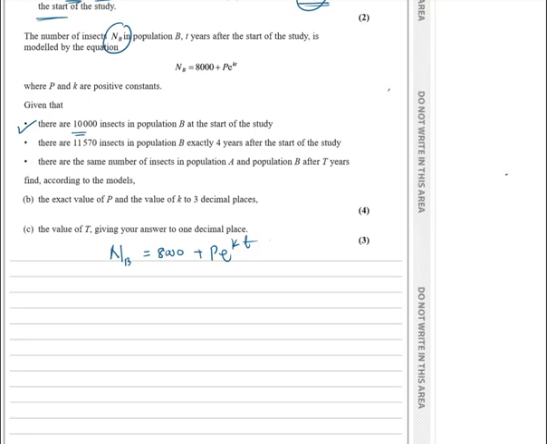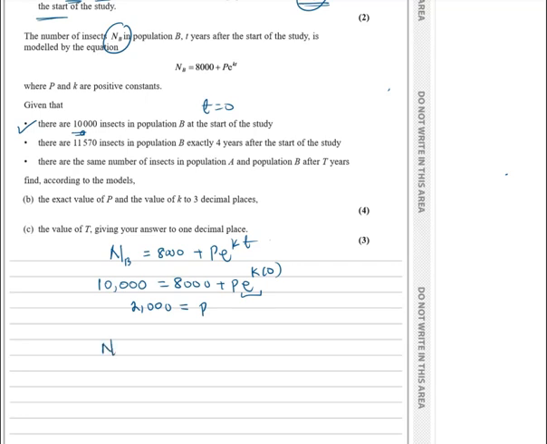It means that when T is equal to 0, at the start of the study, this is what we have as our population N. That means 10,000 is equal to 8,000 plus P times e to the power of K times 0. That means you can see that 2,000 is the value of P, because e to the power of 0 is 1. 2,000 is the value of P.